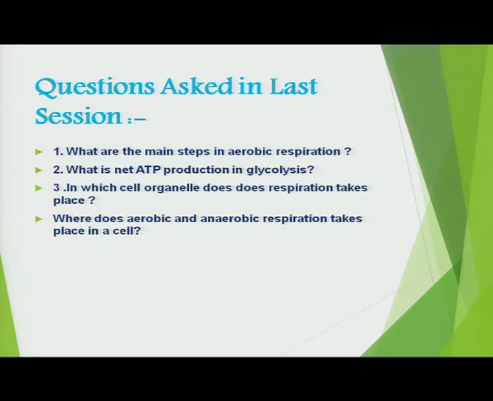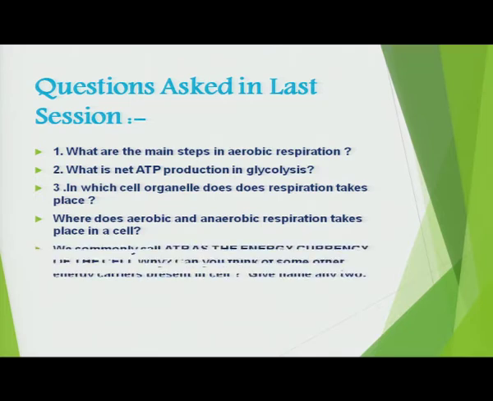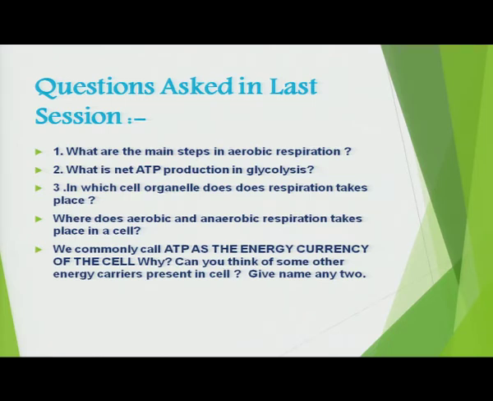The fourth question is, where does aerobic and anaerobic respiration take place? And the last question was, we commonly call ATP the energy currency of the cell. Why is it called energy currency? Can you think of some other energy carrier present in the cell? Give the name of any two.